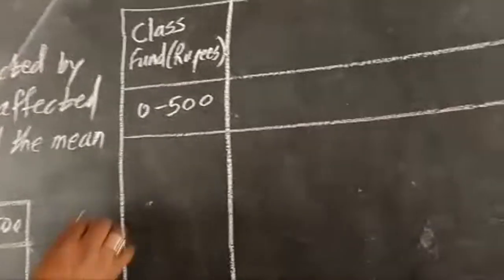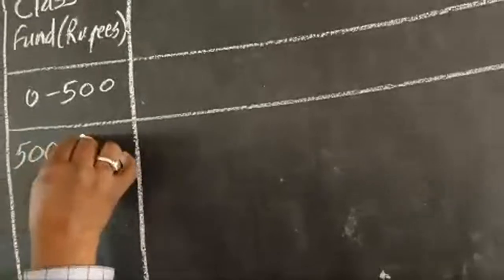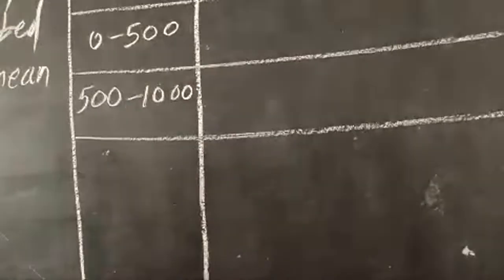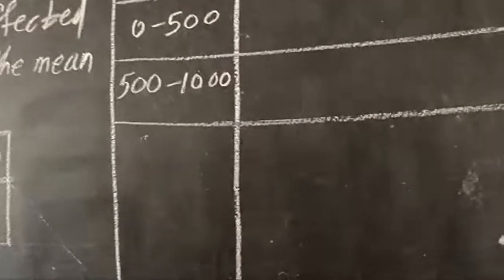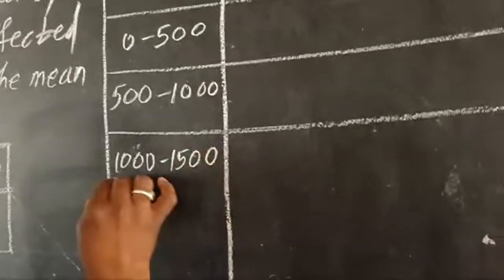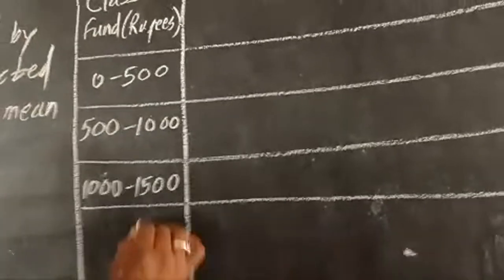Next class is 500 to 1000. Next class is 1000 to 1500.